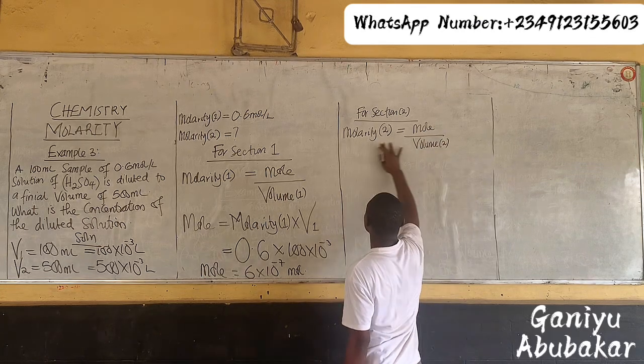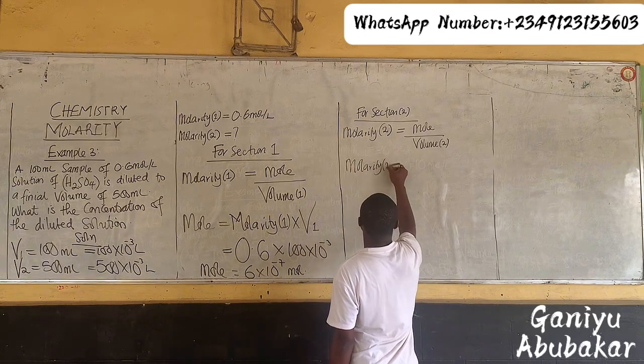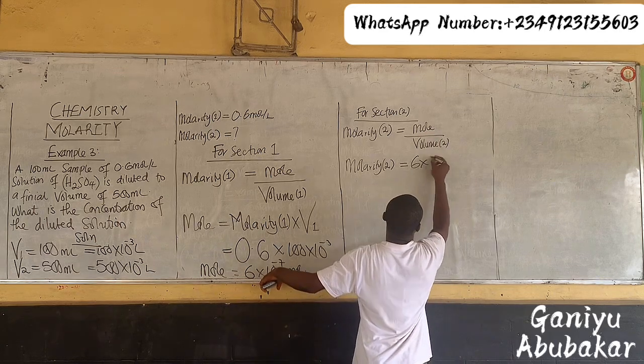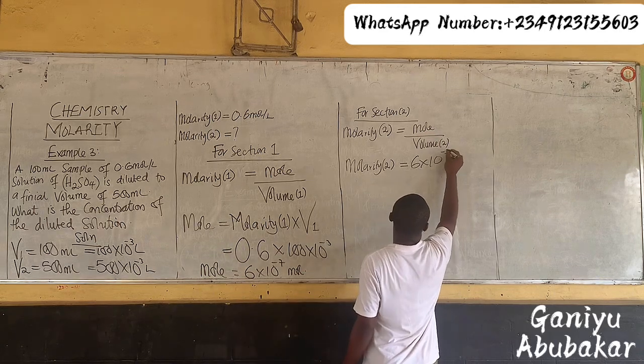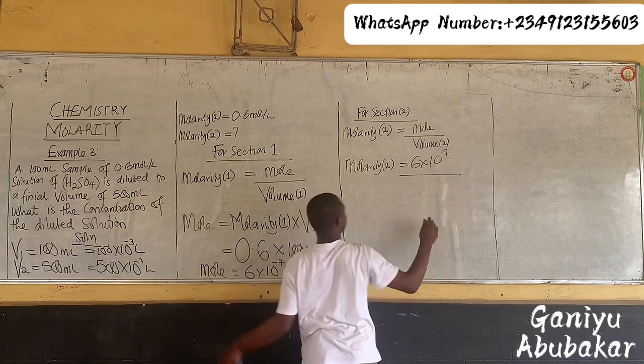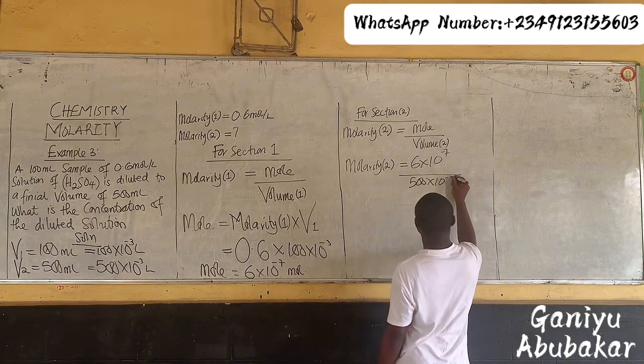Molarity at section 2 will be equal to mole, which is 6 times 10 to the power minus 7, over volume at 2, which is 500 times 10 to the power minus 3.